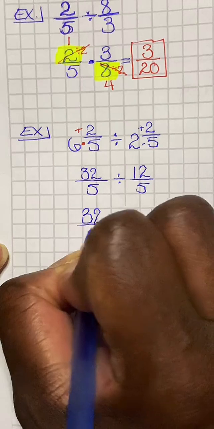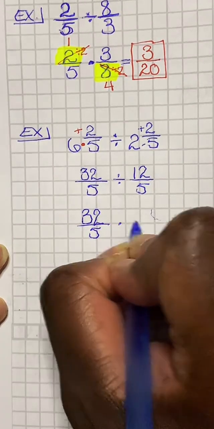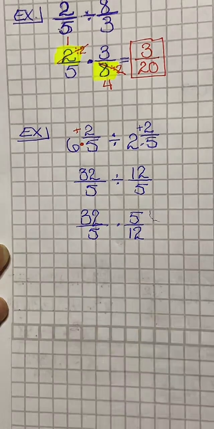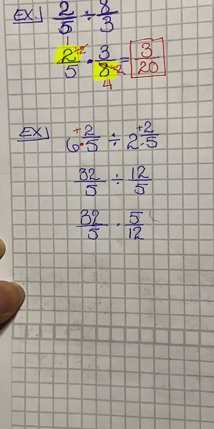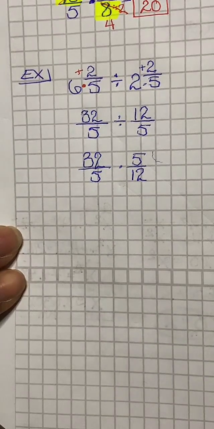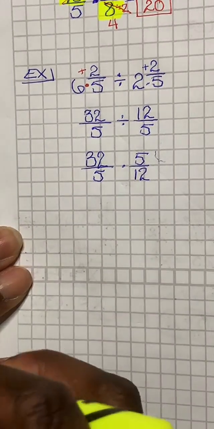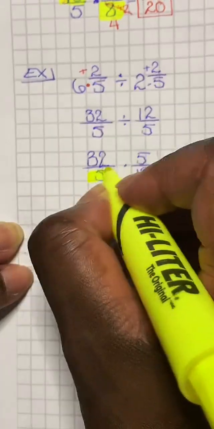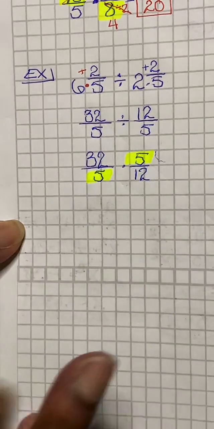So it'll be 32 over 5 times 5 over 12. Make them improper, then do keep, change, flip to see if you have anything to simplify. In this case, we do.